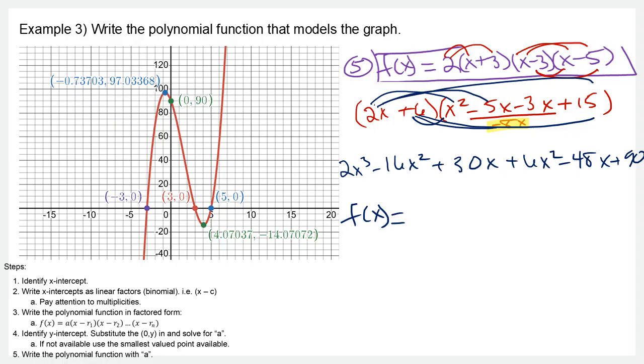So now we're going to combine our like terms to find our function in standard or general form, as some may call it. So we have 2x cubed, and we have negative 16x squared and positive 6x squared, which is going to make negative 10x squared. And then we had 30x and negative 48x, which is going to make negative 18x, all plus 90.